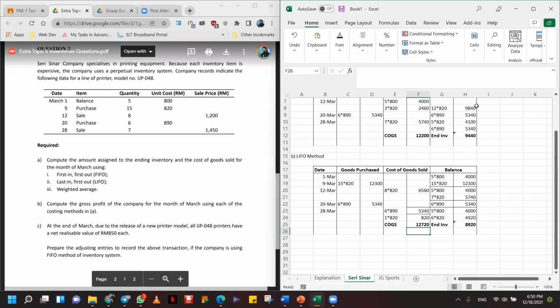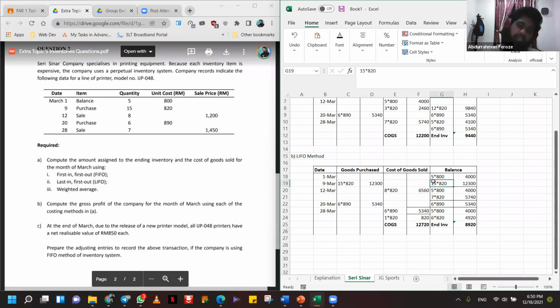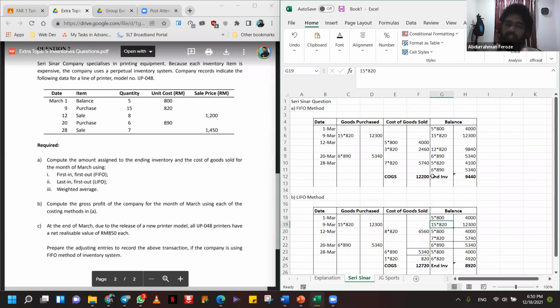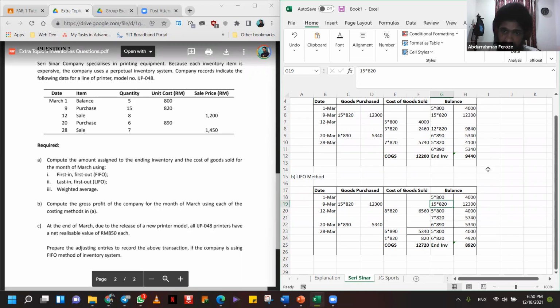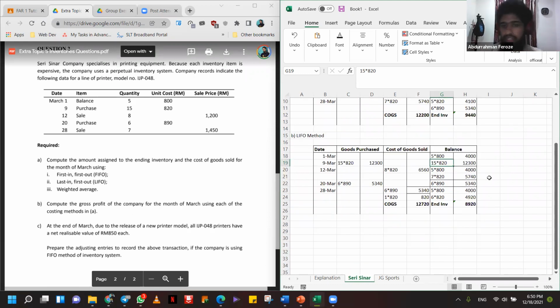No, it's clear. All right. So that's the difference between FIFO and LIFO. In FIFO, you have to get rid of the older inventory first. In LIFO, you have to get rid of the newer inventory first and then move on. So that's the difference between FIFO and LIFO, right? That's pretty straightforward, right?